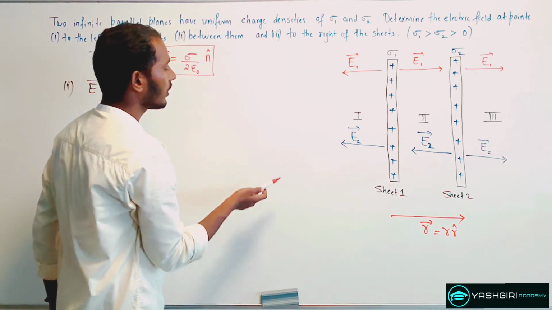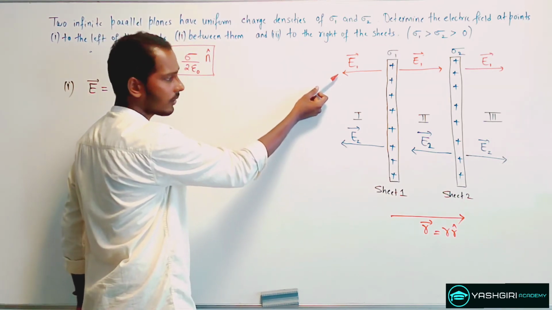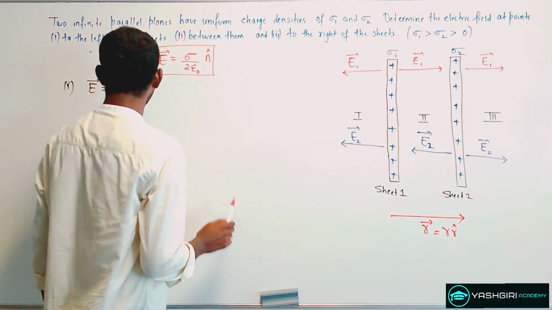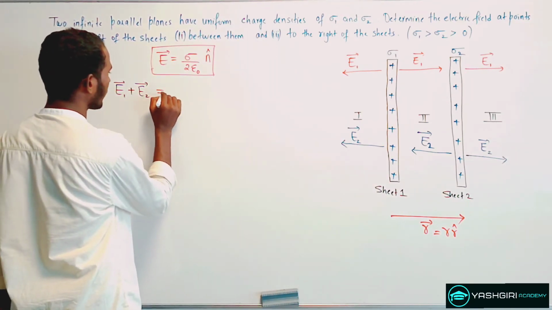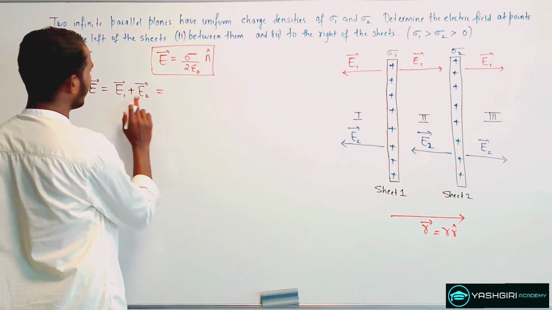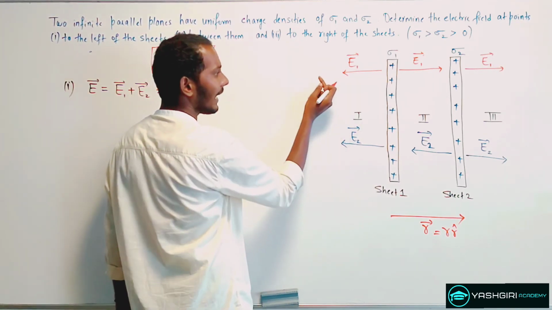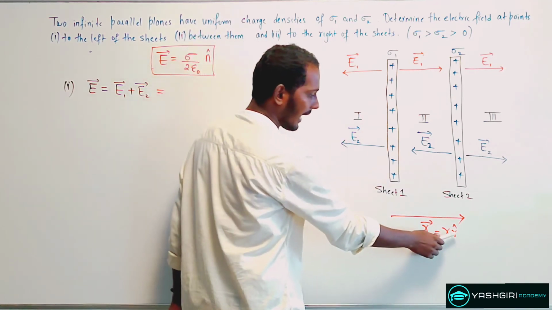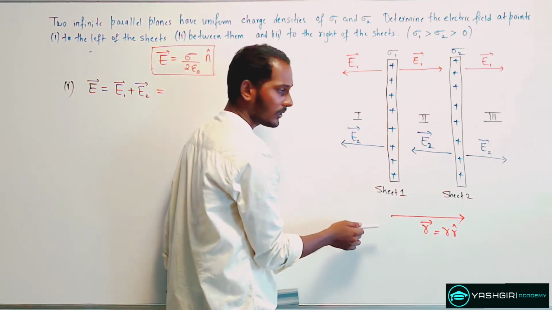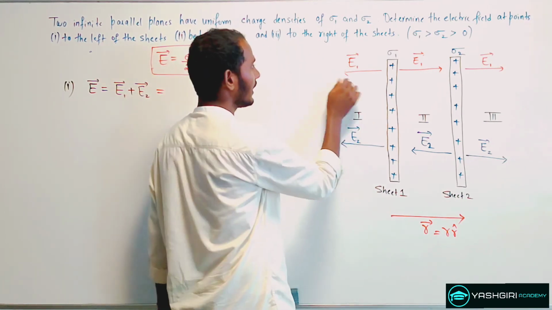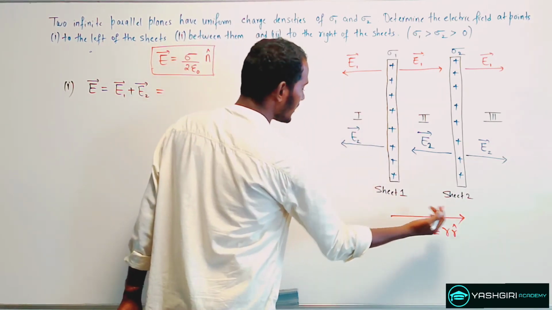All right, so the direction of the electric field I'll be writing with respect to this unit vector, which is my r cap. What is the direction of the electric field E1? E1 is pointing towards the left. The r cap that I have chosen is pointing towards the right. So this is my reference unit vector, but the electric field is exactly opposite to this vector.